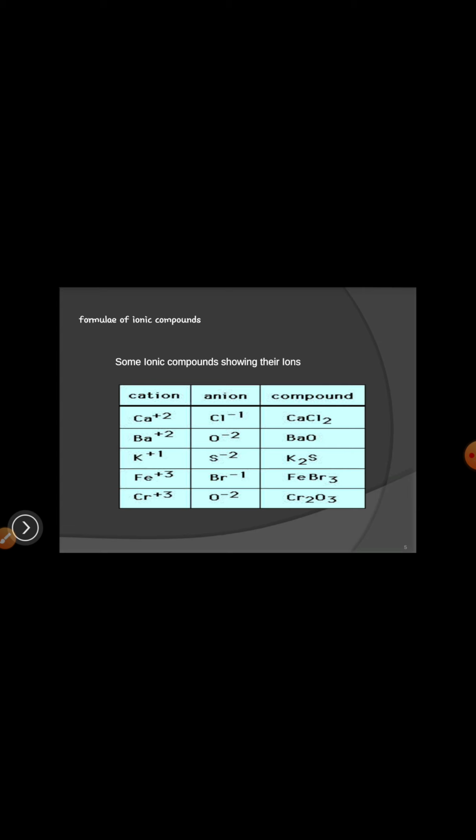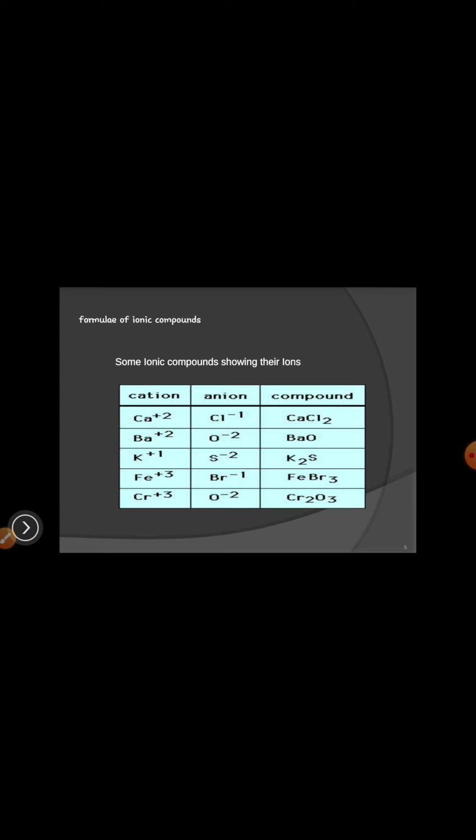And the second example is barium oxide. This barium oxide formula is also telling us that barium oxide is made up of two types of elements, barium and oxygen. Barium has a plus 2 charge and oxide has a minus 2 charge. And the number of ions is the same.